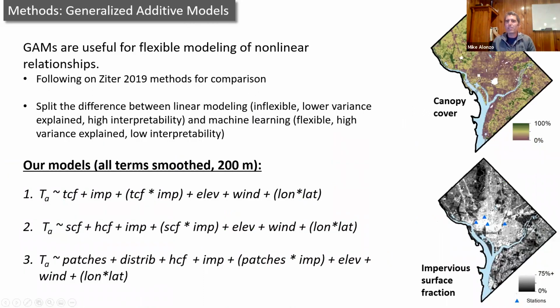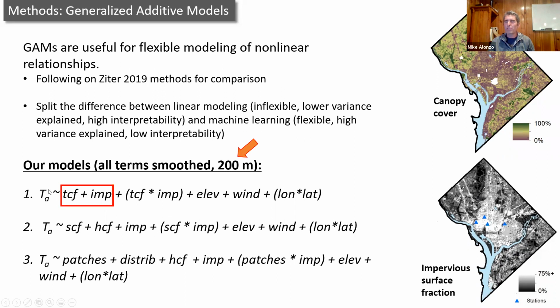So our modeling strategy, we had basically one model for each of our main research questions. And this is using what's called generalized additive models. Basically it's just a nonlinear modeling technique. I won't go into the details right now, but it's a way to look at the relationship between a bunch of predictor variables and temperature anomaly.